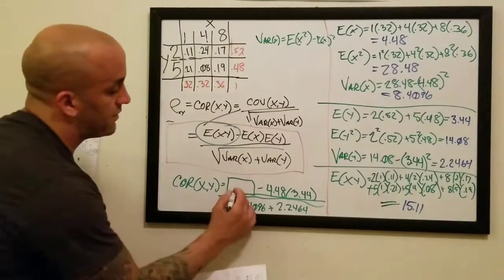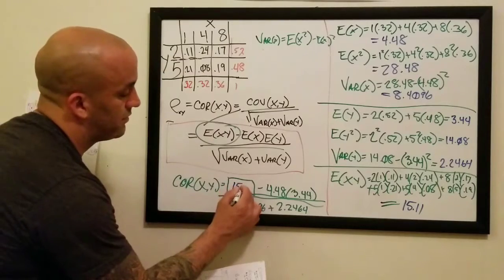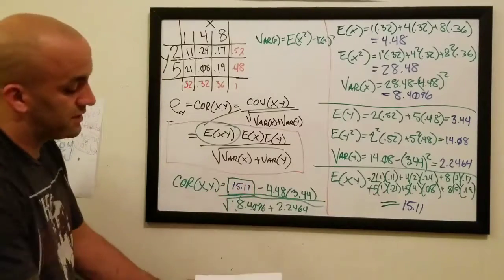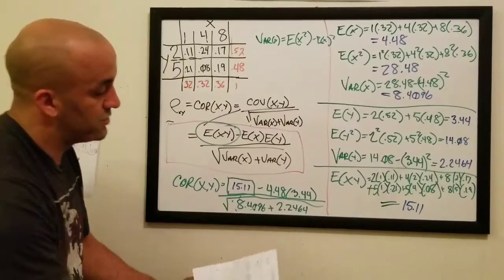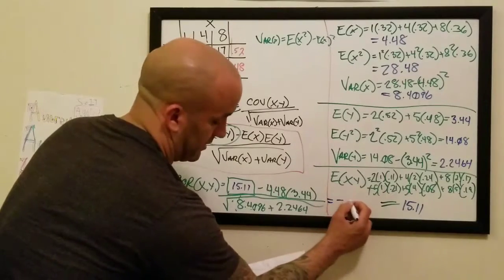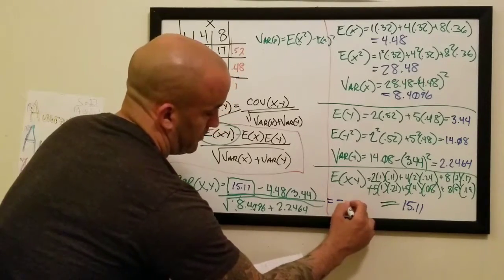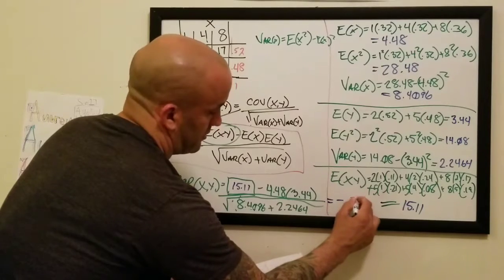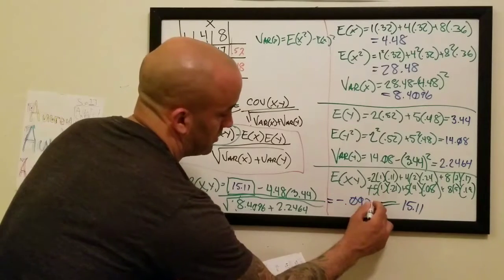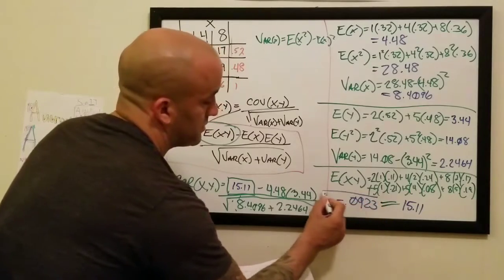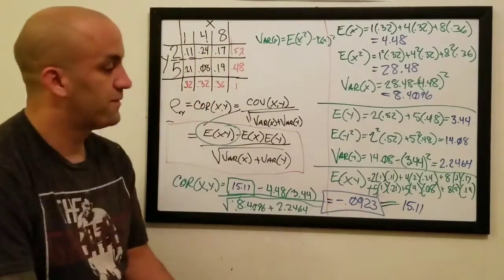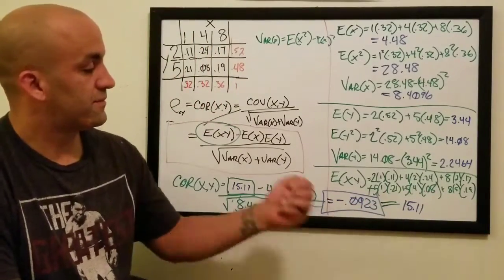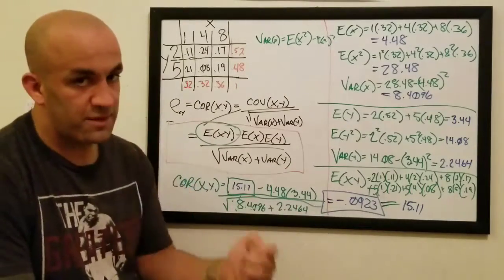And then we just fill that in over here, 15.11. And then once we compute all of that out, we should get a value that's negative 0.0923. So this would end up being your correlation. Hope that makes sense.